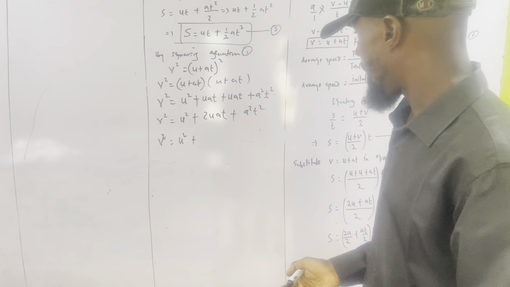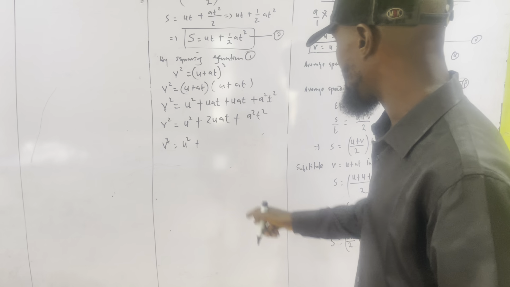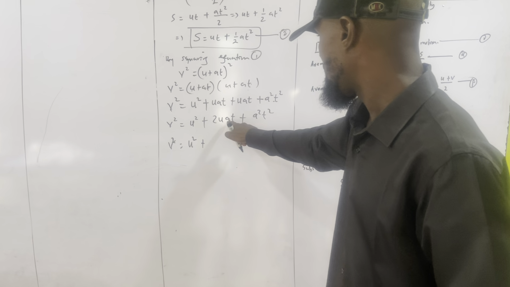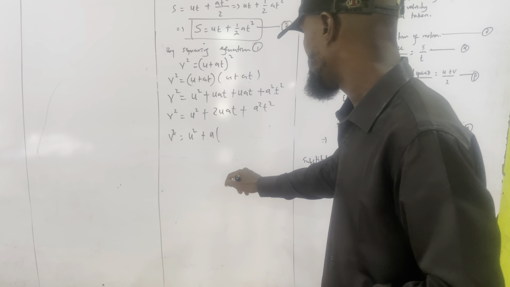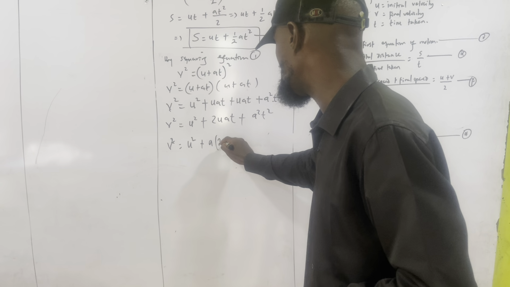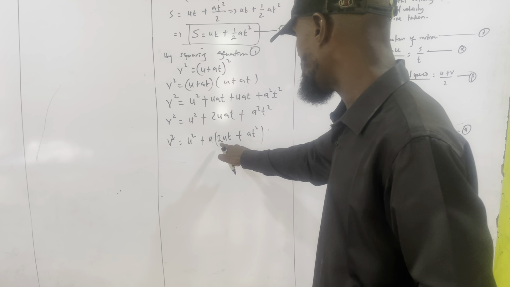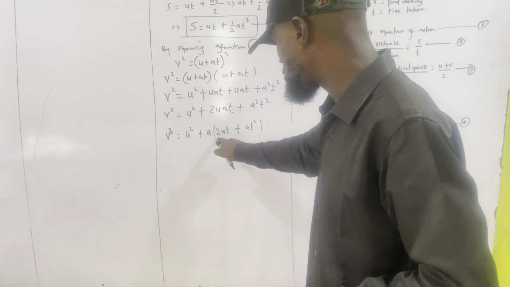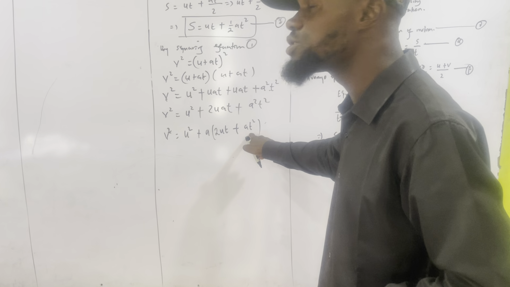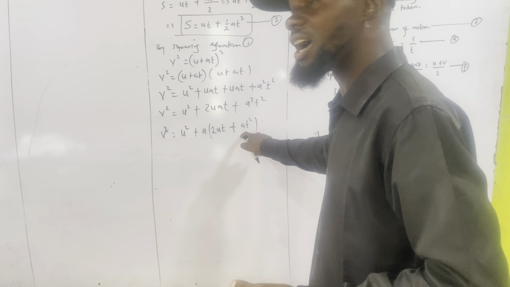I can see that I have a here, I have a here. Let me bring a out first, so that I can have 2ut plus at squared. Now I want to bring out this 2. Well, I have 2 here, but I don't have 2 here. Since I don't have 2 here, it becomes over 2 straight away.